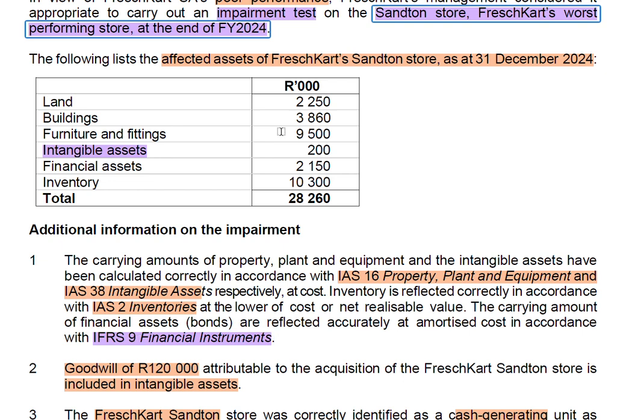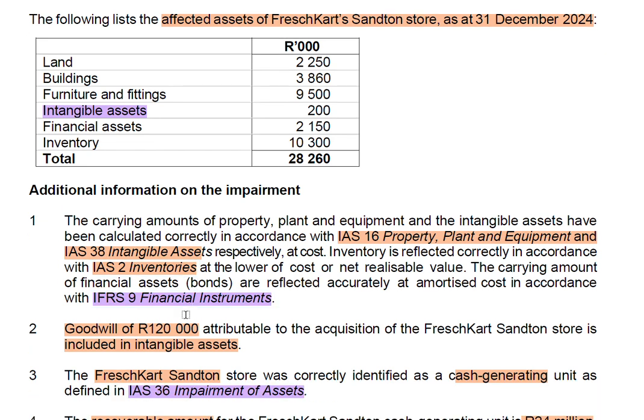Meaning there is nothing wrong with these amounts because they have been calculated in line with their respective standards. And then we are told that goodwill of 120 is included in the intangible asset. That means in this 200,000, we have 120,000 for the goodwill.